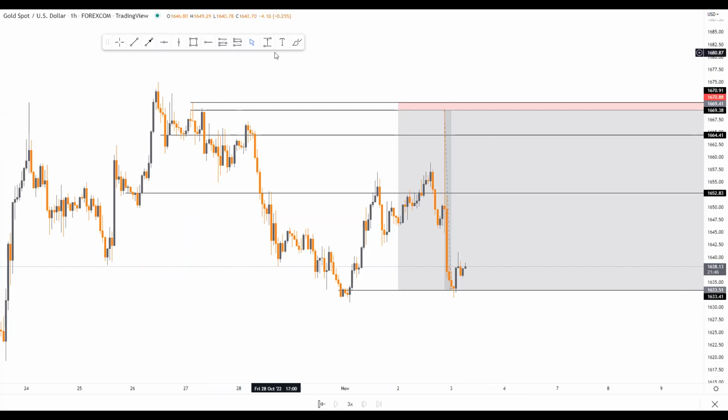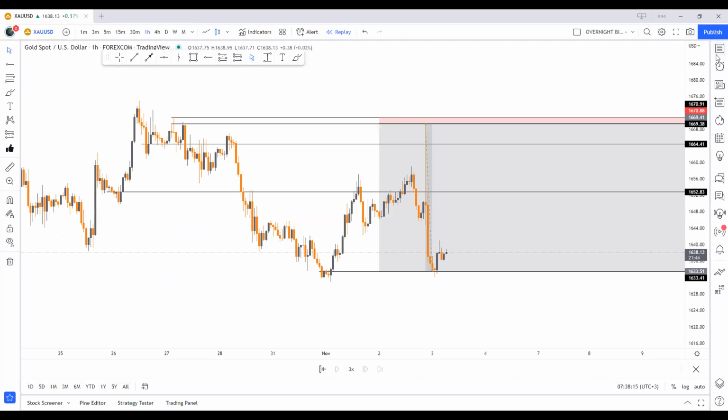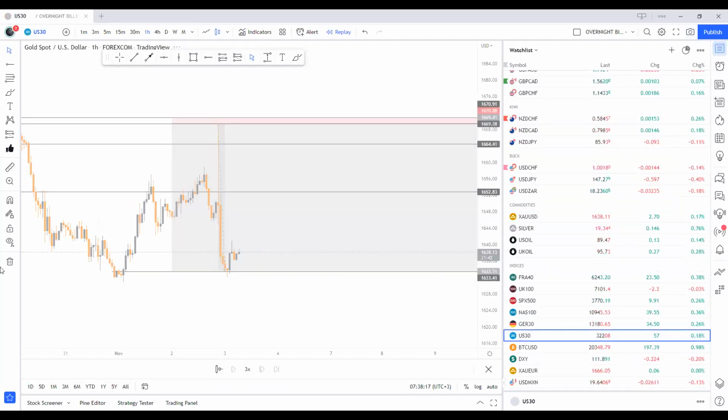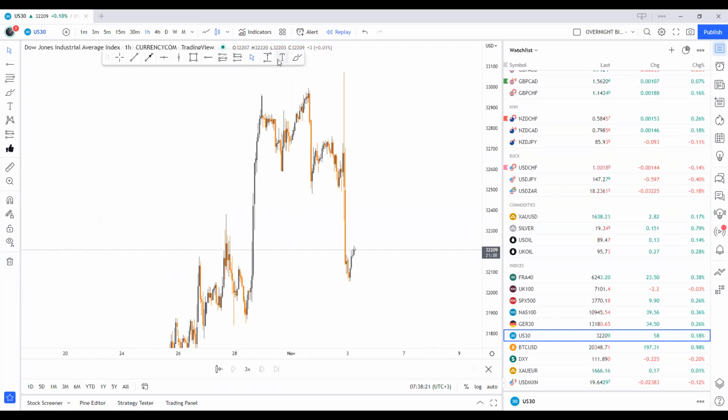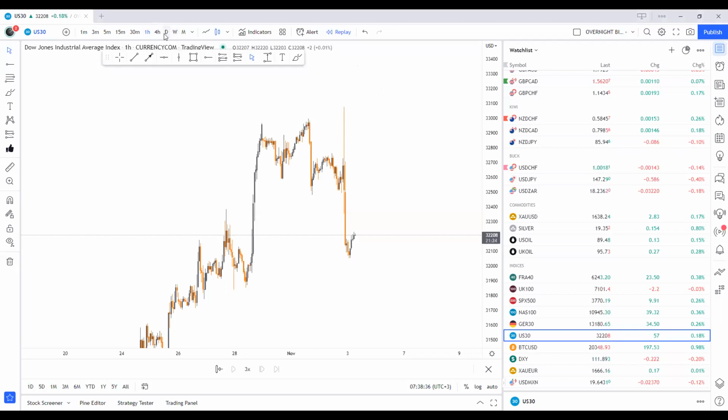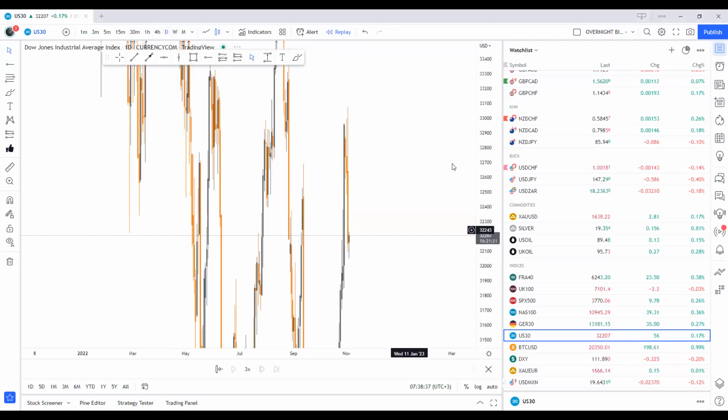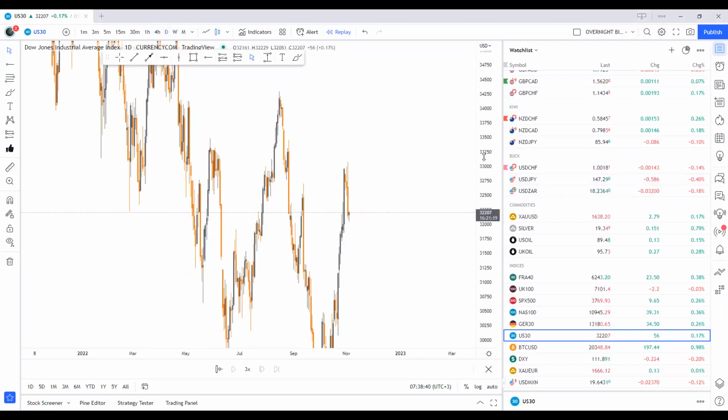Same applies to those who wanted to trade this candlestick on US 30. It was a very easy trade, but I only considered gold. You know, gold and US 30, they move in the same direction.